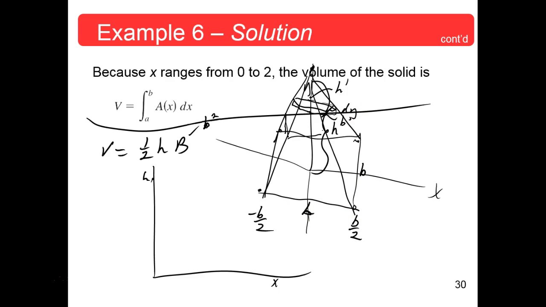But anyway, let's look at this little triangle here. And this is the y-axis, by the way, the thing's going up. So at whatever y you are here, this is y, how far you are from the x-axis. And y is going from 0 to h, by the way.